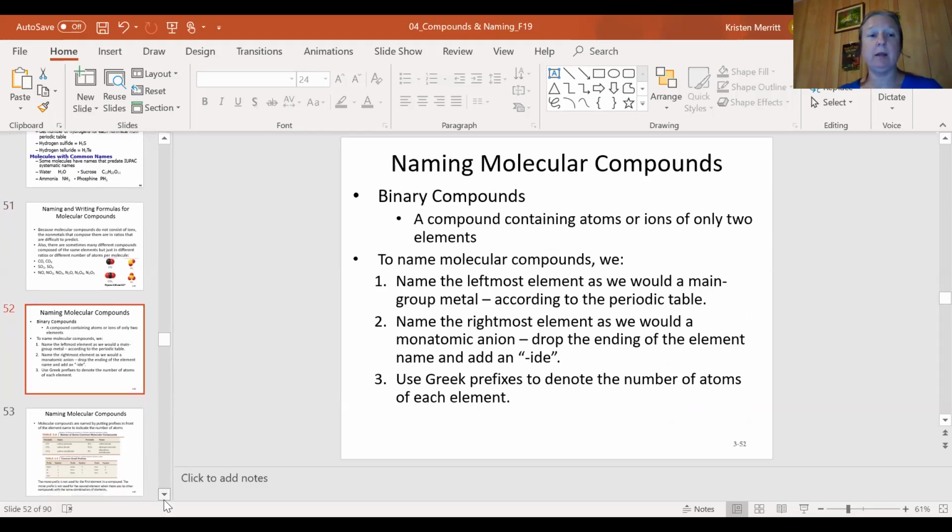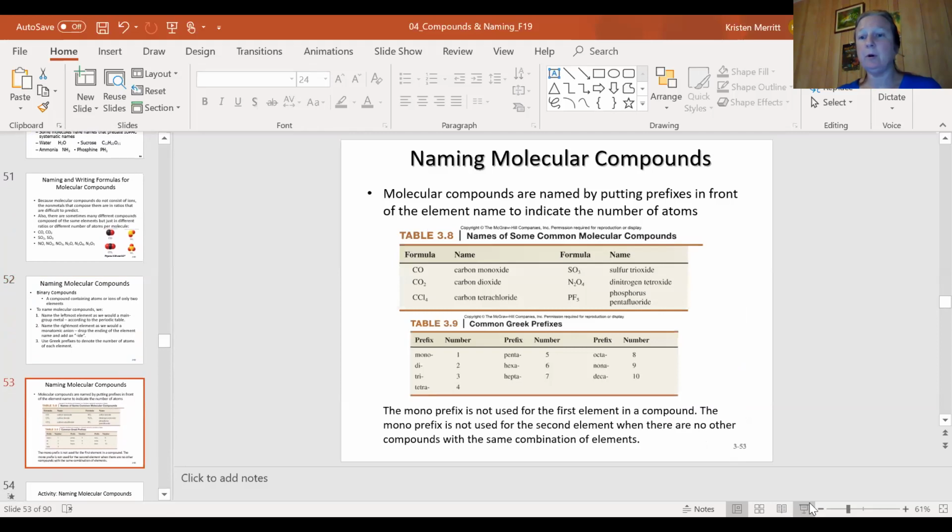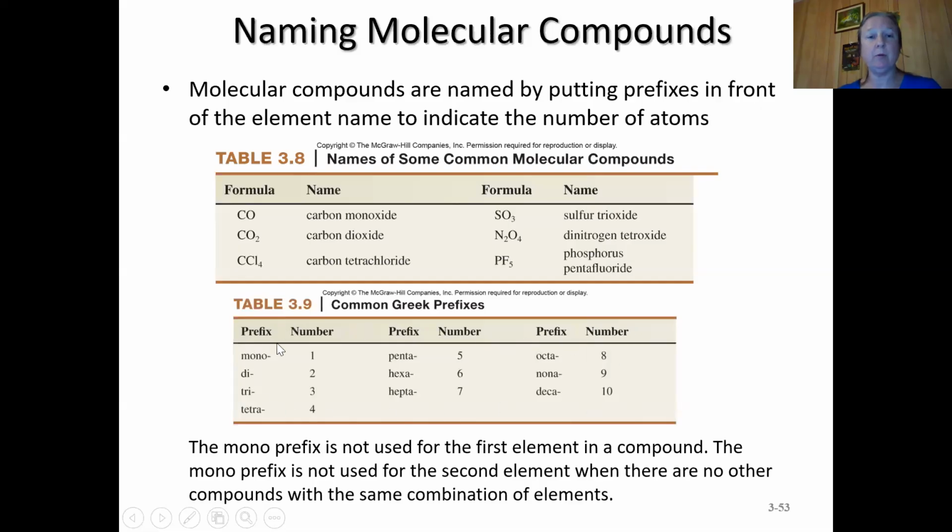All right, I went over that. So here is your table of prefixes that you need to know. So memorize these. And these are just some examples. Watch out for this one, sulfur trioxide, because if this had a charge on it, SO3 2-, that would be a polyatomic ion, and that would be sulfite ion.